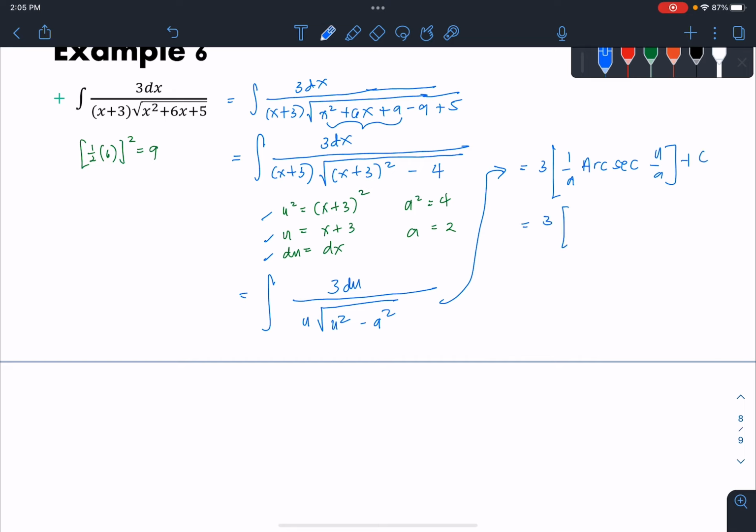So that is 3, 1 over a, it's 2. Arc secant, our u is x plus 3, and then our a is 2 plus c. So finally, that will be 3 all over 2 arc secant of (x plus 3) all over 2 plus c.